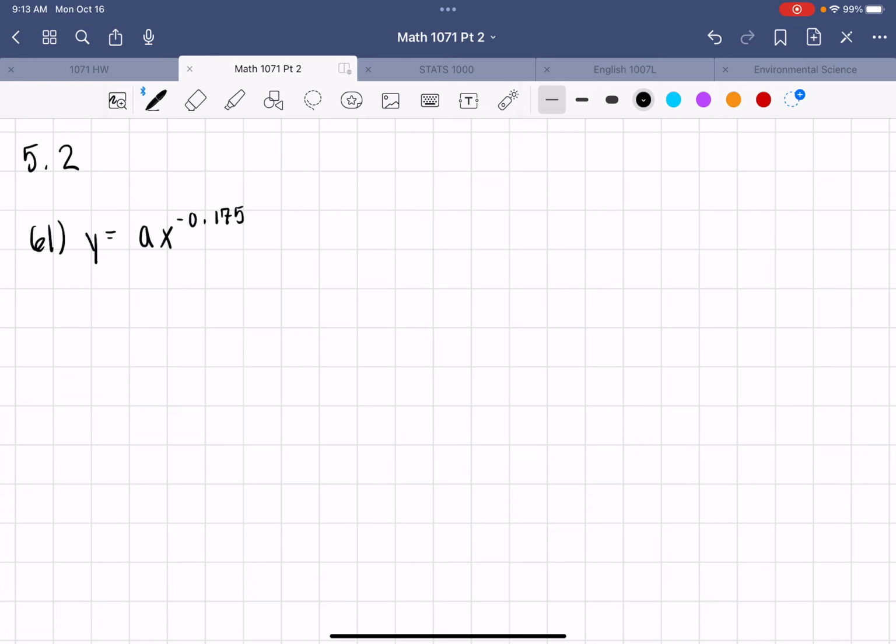Well, let's see here. So do dy/dx, the first derivative. A is a constant. The old power is the new coefficient, and the new power is 1 less, negative 1.175. And if you set that equal to 0, you don't have any values, right?